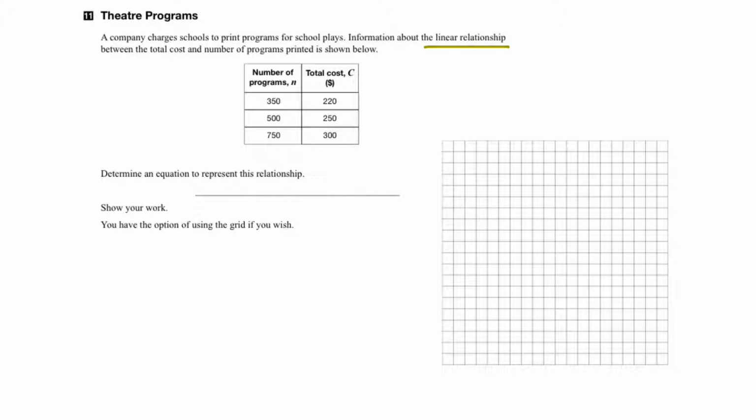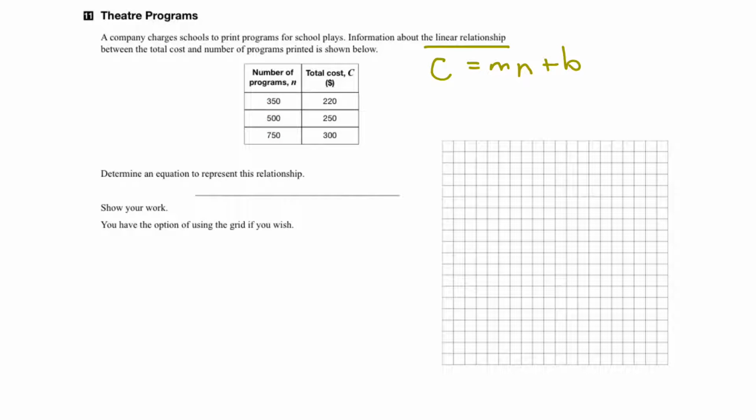So we know the equation is going to be in the form y equals mx plus b. Or in our case, C equals mn plus b, because C is the dependent variable and n is the independent variable.